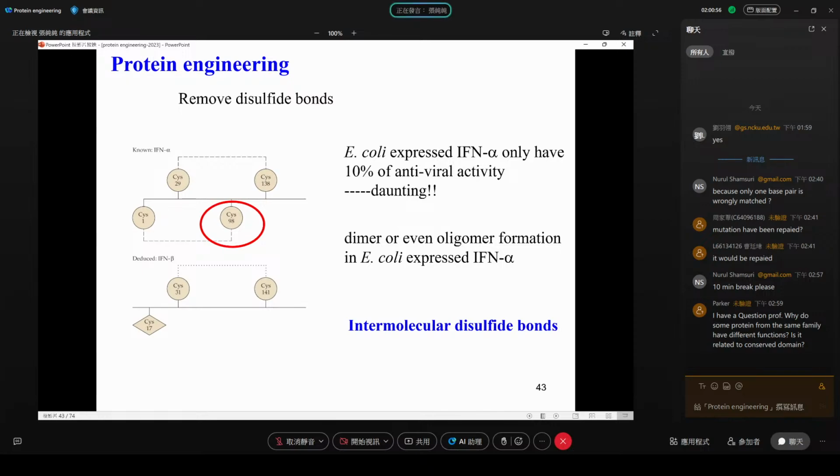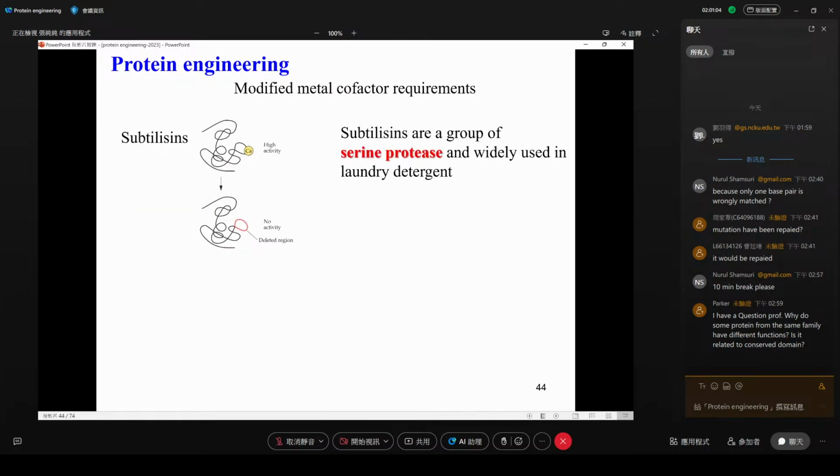Just remove one intramolecular disulfide bond, and the recombinant form of interferon alpha becomes useful. Okay, another one like a serum protease. We know the subtilisin, that's Frances Arnold's first work about detergent. The enzyme was to fit the detergent company's purpose.